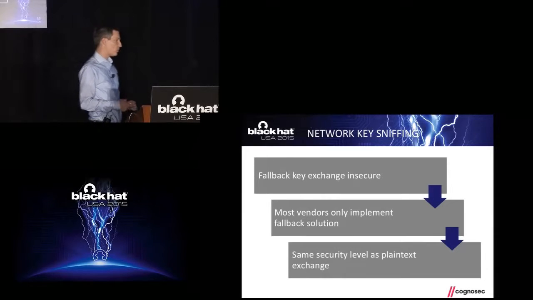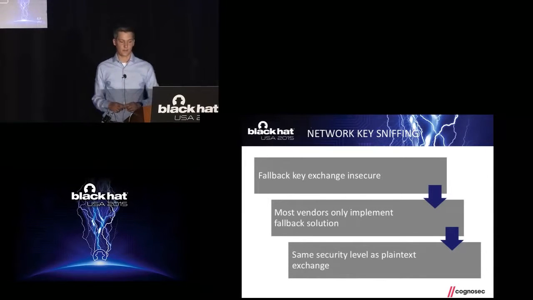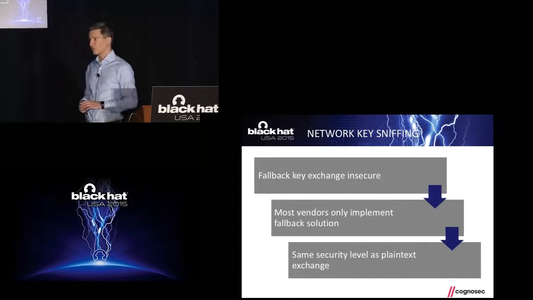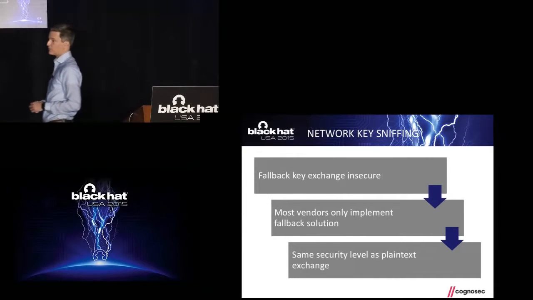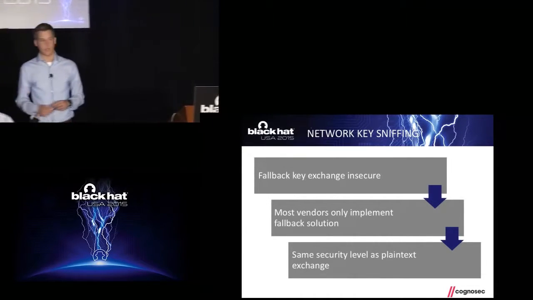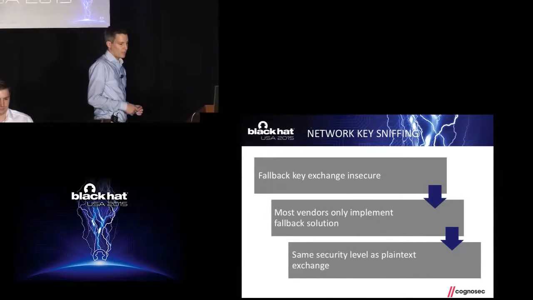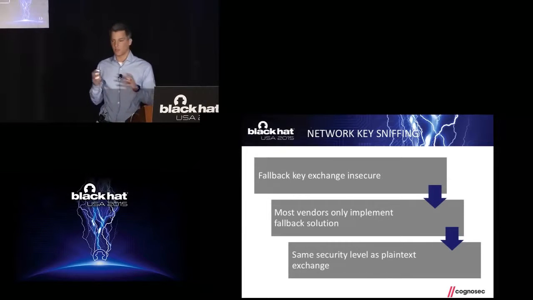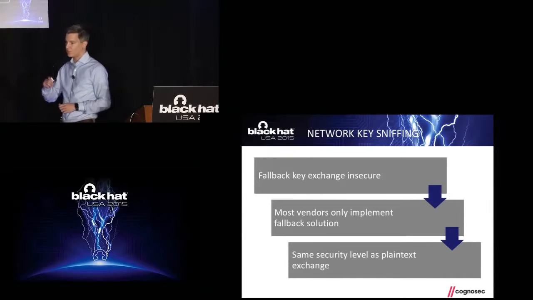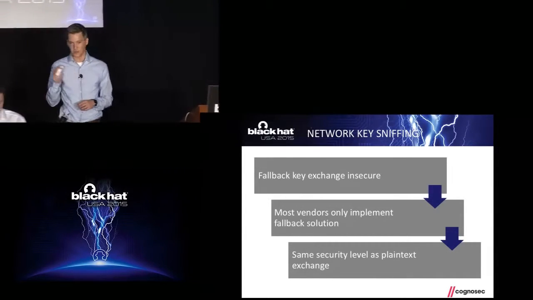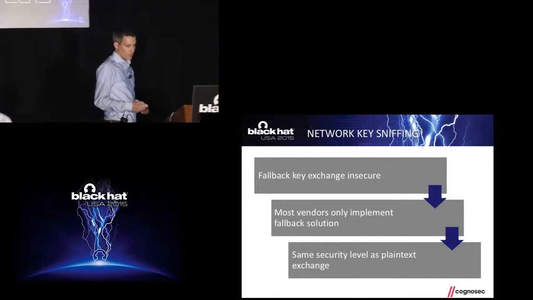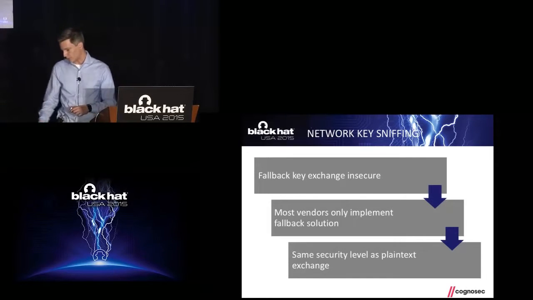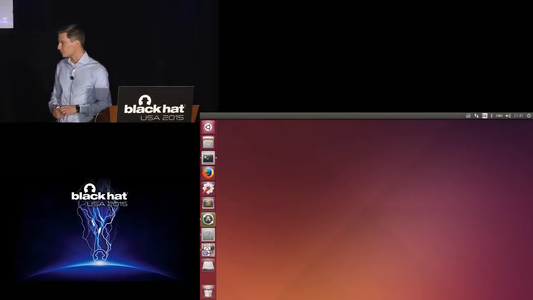Well, we know the fallback mechanism is insecure, and earlier Tobias explained that most of the vendors, basically all that we've seen, implement the fallback mechanism as default. That means that when we sniff the traffic, this encrypted traffic is not better than plain text, because we have the key to decrypt it. That's the standard default network link key. Good. So I'll switch over to Tobias now, and he can show the tool.